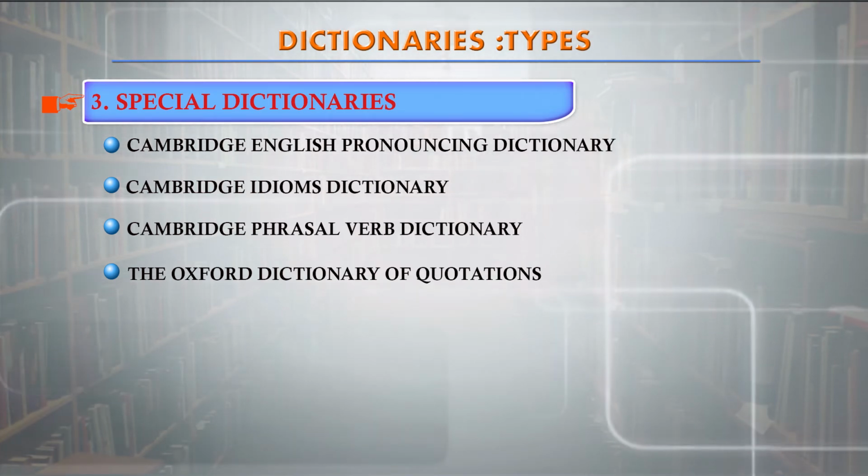See, each of these examples has some special aspect like quotations or phrasal verbs or idioms or pronunciations. So, these deal with some specific aspect, that is why they are known as special dictionaries.